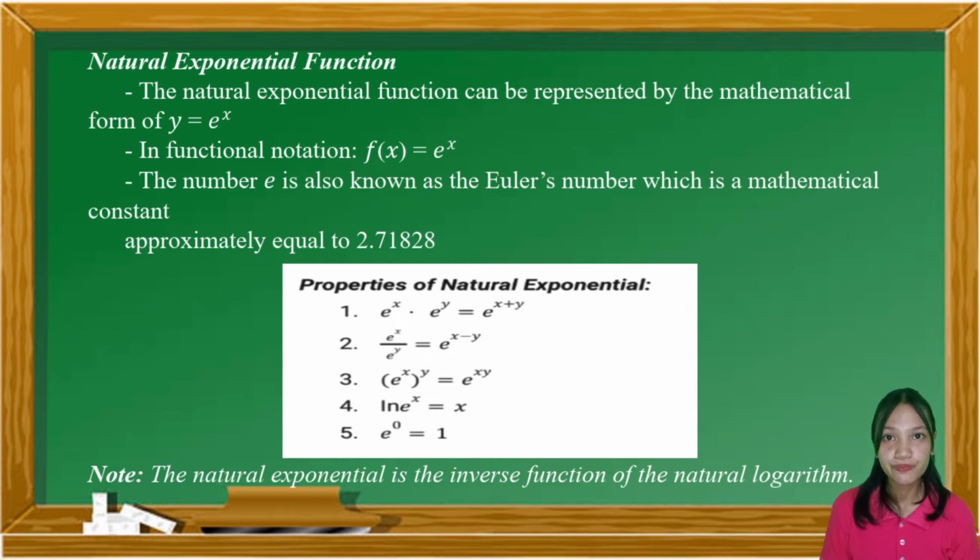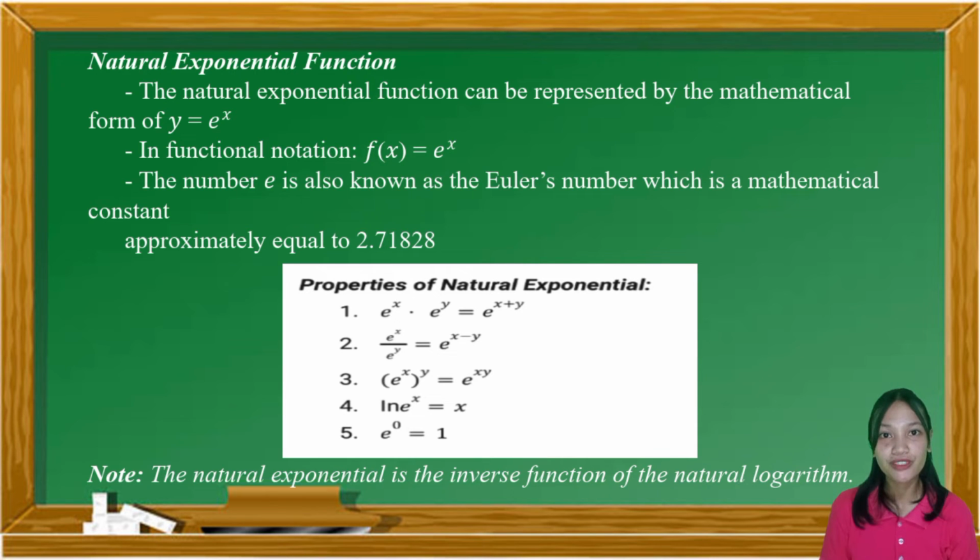Number 2, e raised to x divided by e raised to y is equal to e raised to the power of x minus y. Then number 3, e raised to the power of x, all raised to the power of y, is equal to e raised to x times y.